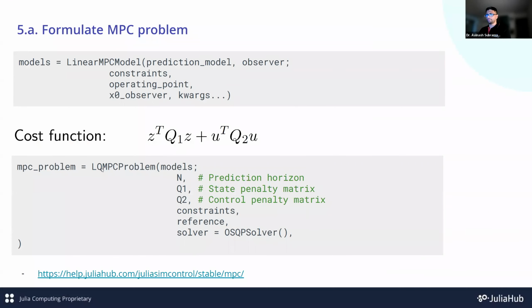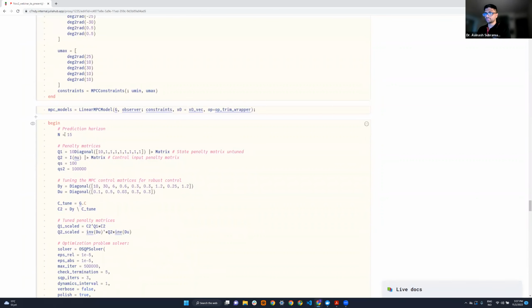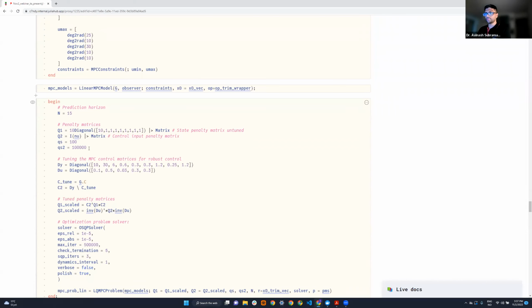we would then formulate the LQ MPC problem with this constructor, which gives us the cost function. In this way, we would put in the prediction horizon for the prediction model, the penalty matrices, so the state penalty matrices, the control input penalty matrices, and a few matrices on the soft constraints.